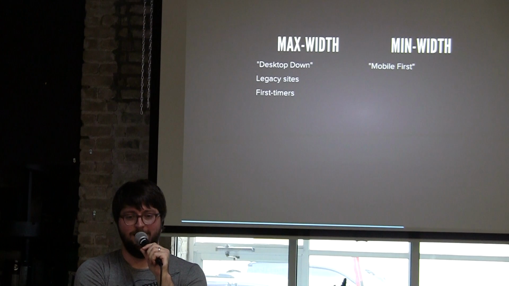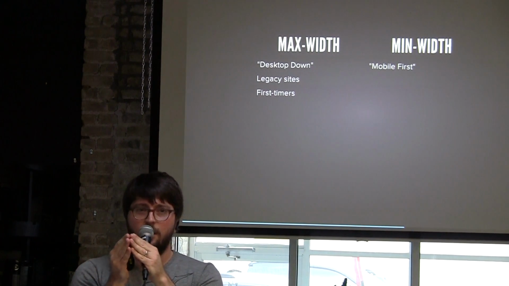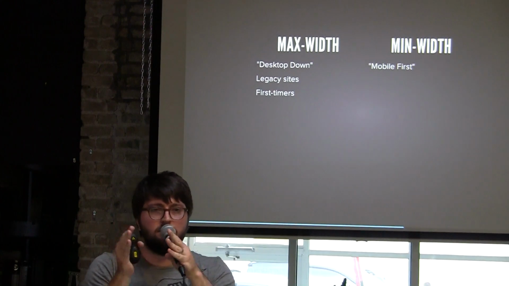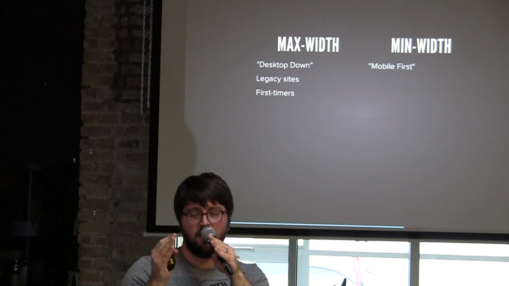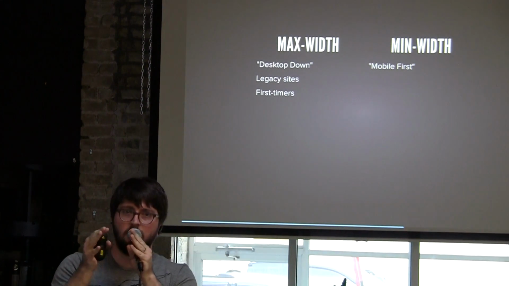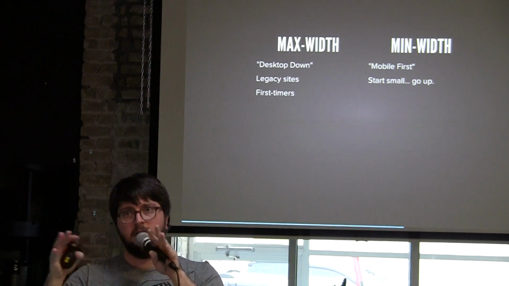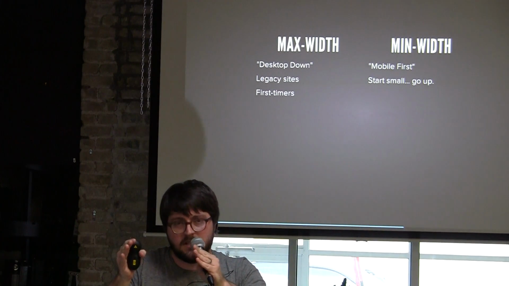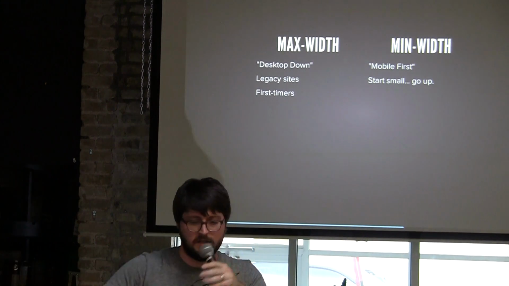So you start off at 0 pixels, and then as you go out, you say, at a minimum width of 300 pixels, let's do something different. In this sense, you're adding pixels. So you start small and go up. At this min width, you do this. At this min width, you do this.